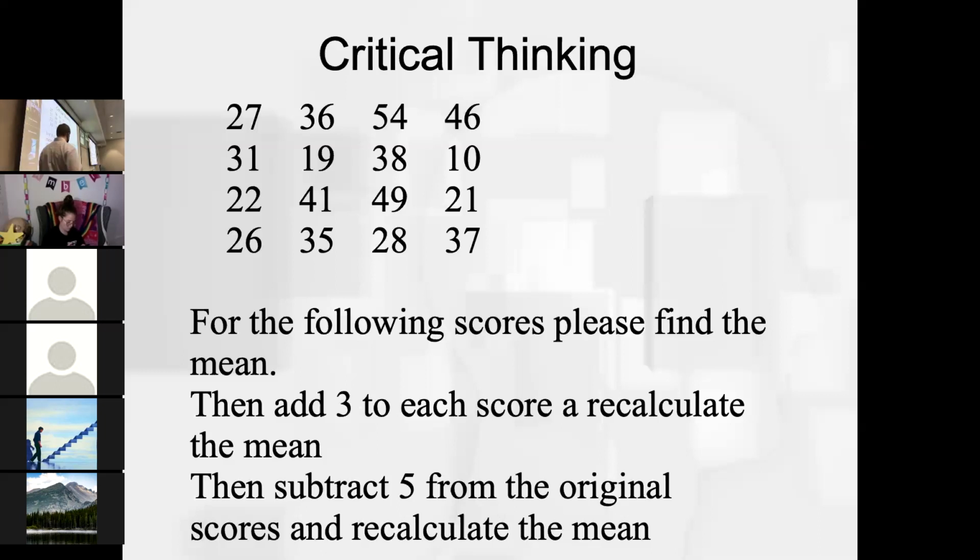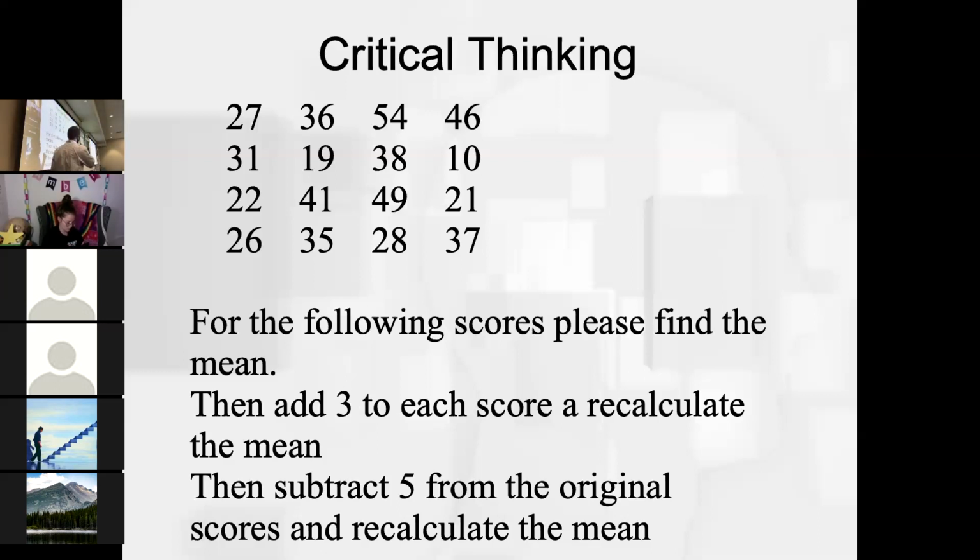Cool. All right. So what is the mean for all of those numbers? Just the outright mean. Yep, I'm seeing it on Zoom, 32.5, right? And then when you add 3 to every score, what is the mean? 35.5, yep.